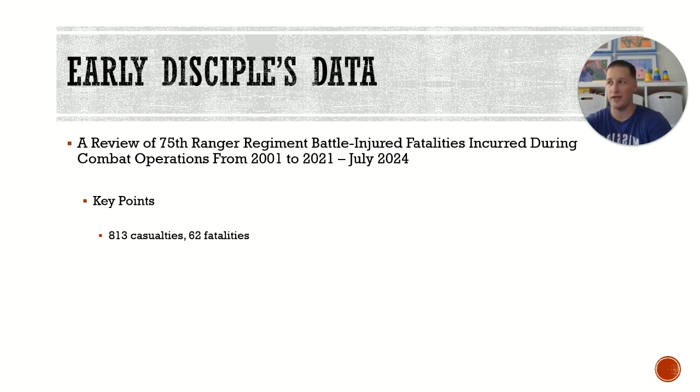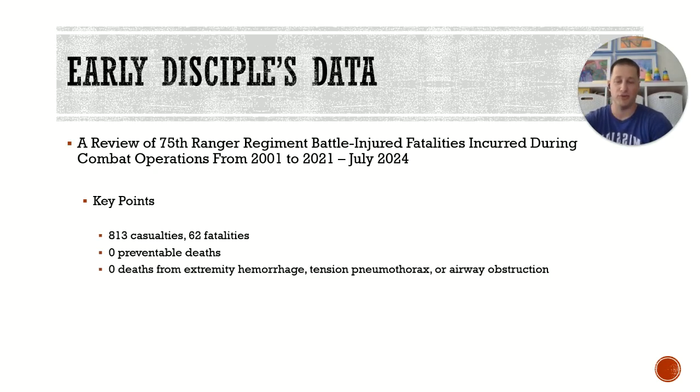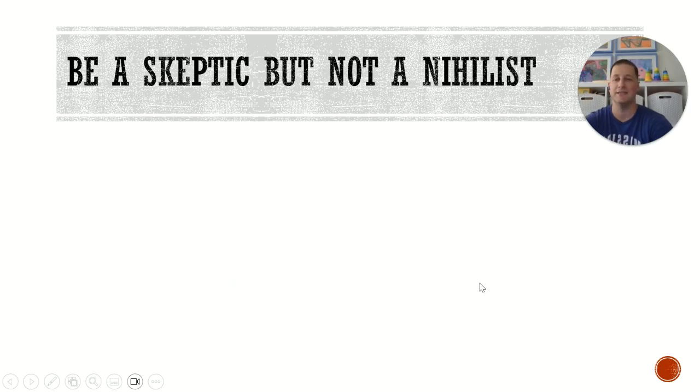Maybe you can't draw crazy population-wide conclusions from this, but I think it's a decent enough sample size. Zero preventable deaths is what the Ranger Regiment is claiming. Zero deaths from extremity hemorrhage, tension pneumothorax, or airway obstruction. I think this is maybe a more reasonable point to make.